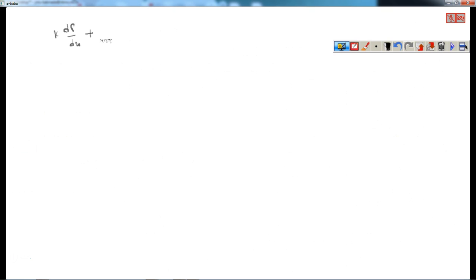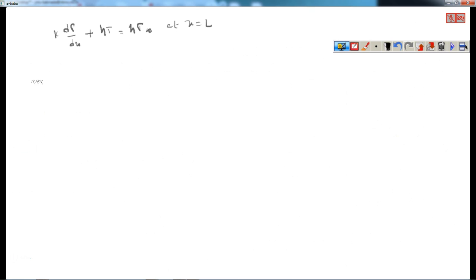The h T infinity I will bring to the other side, so it is equal to hT infinity at x is equal to L.